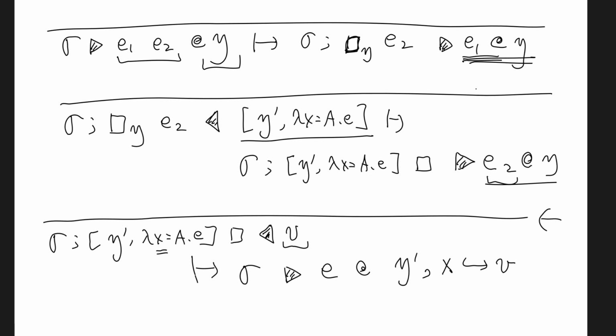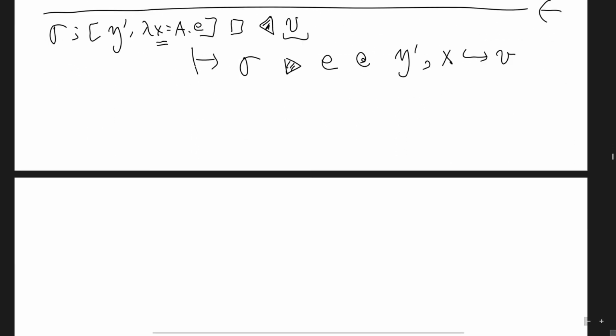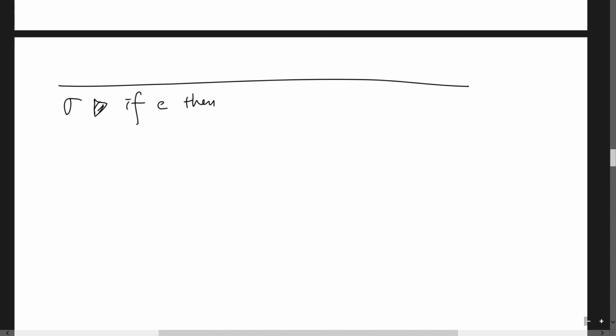Finally, there are several rules that we need for this Boolean type, but let's just see the most interesting case, which is let's reduce this if-then-else expression: if E then E1 else E2 under environment eta.